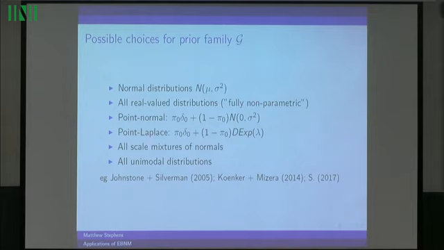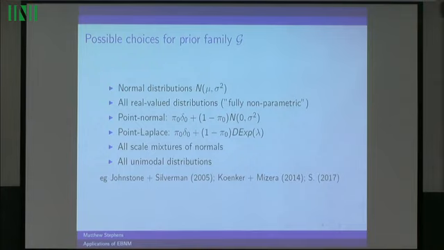I'm going to focus most of this talk on these last four, or flavors of these last four, which are all inducing some kind of sparsity or shrinkage on the thetas. So I'm thinking about applications where many of the thetas may be at or near zero.